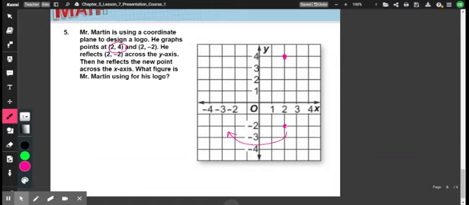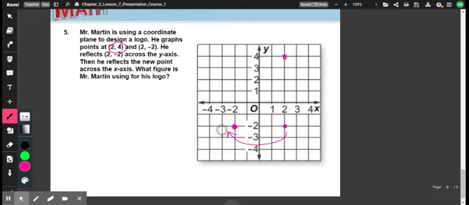All right. Which that means that if I'm going across the y-axis, I'm going to change the x, which since it was a +2, it will now be a -2, which means that our new coordinate is going to be (-2, -2). All right. And then again, it says that he then reflects that across the x-axis.